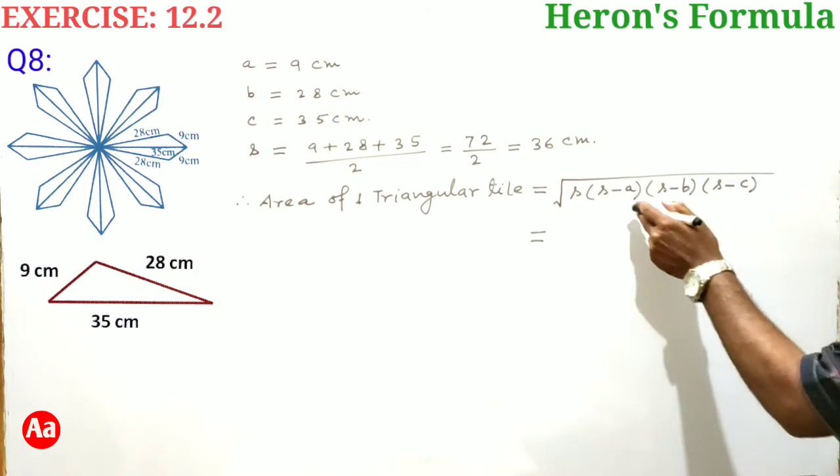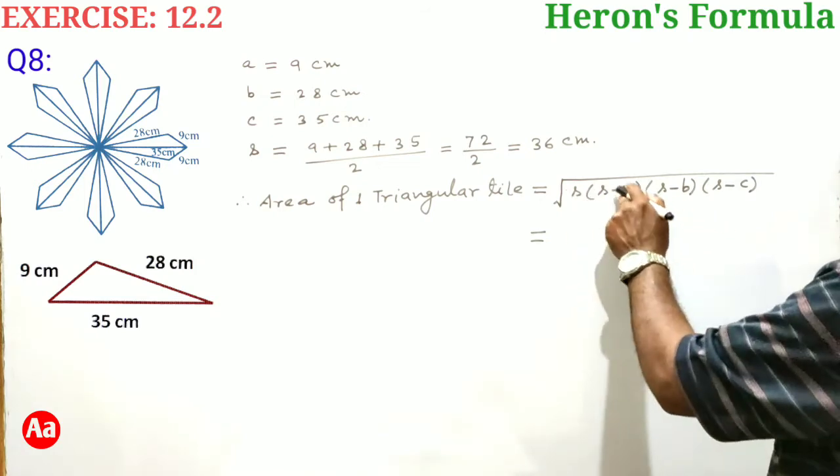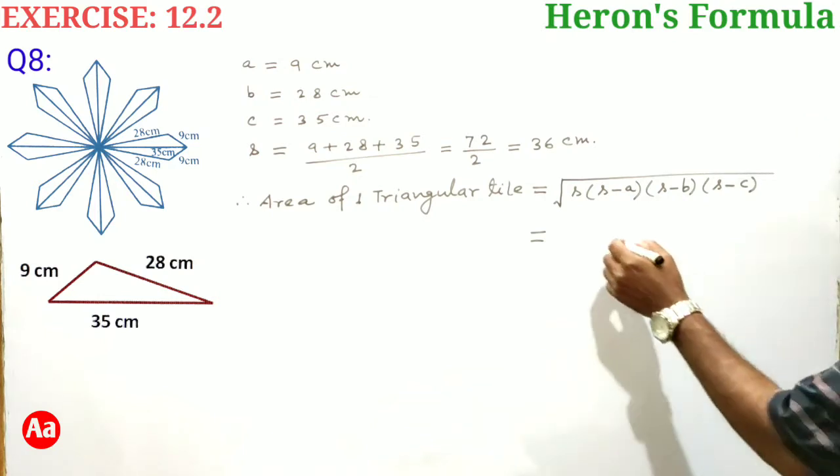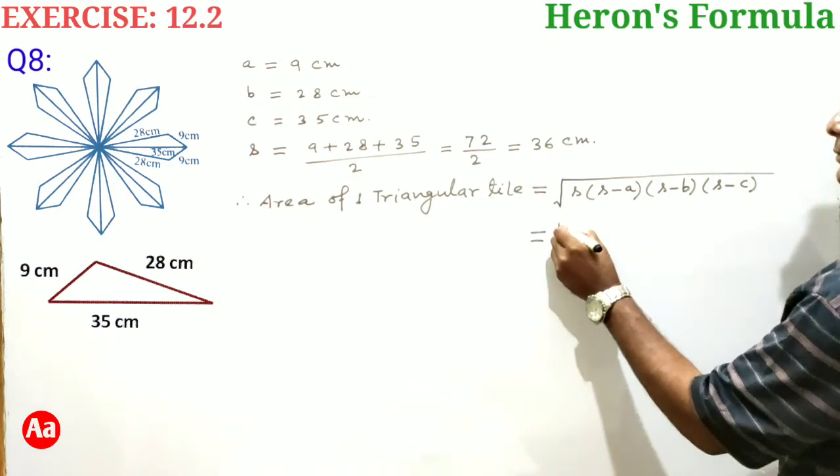Let's substitute the values of semi perimeter S and the values of A, B, C, the 3 sides of the triangular tile.